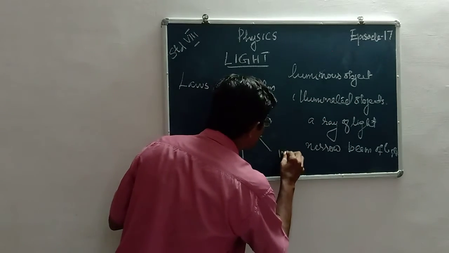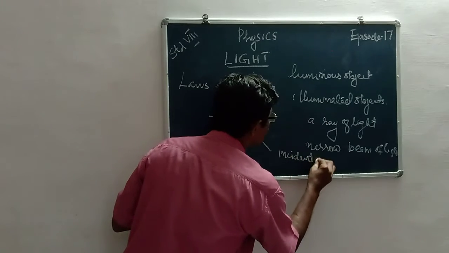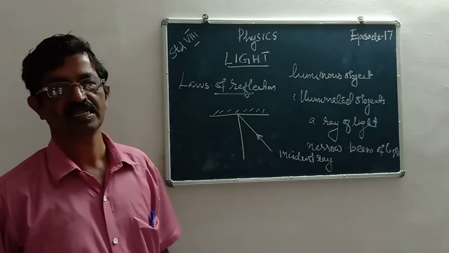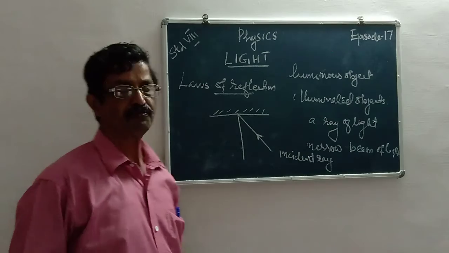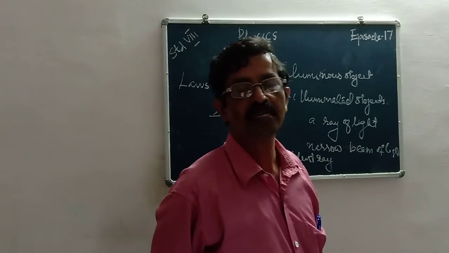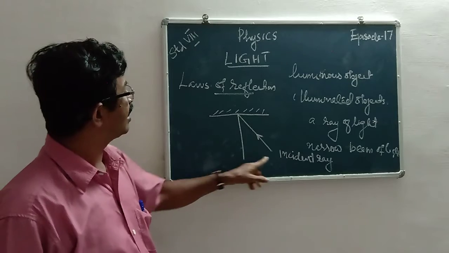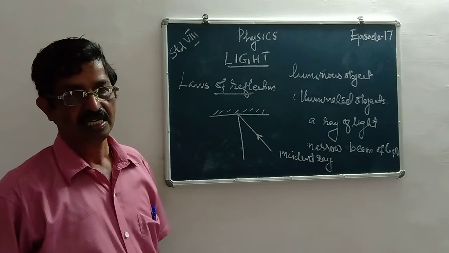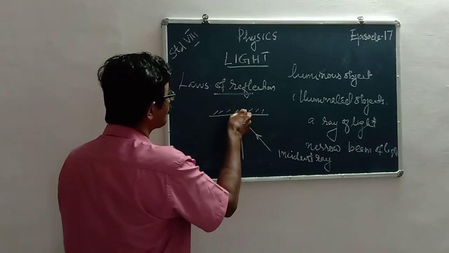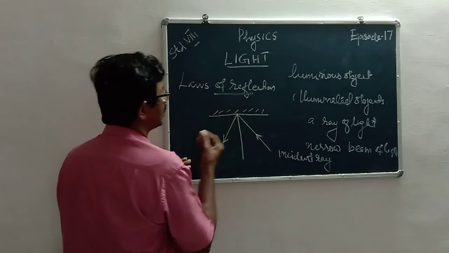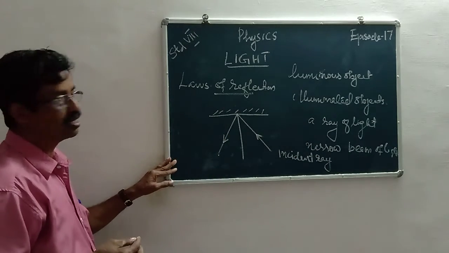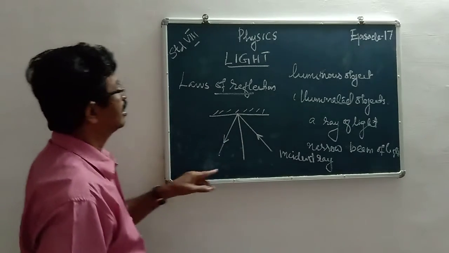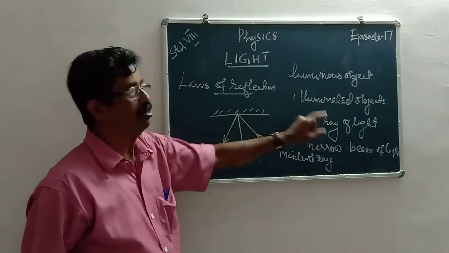And what is the name of this ray? Incident ray. The light that falls on the surface, here the smooth surface of a plain mirror, that ray of light is called the incident ray. And the light that comes from that surface, even though it is a beam, we consider as a ray of light.